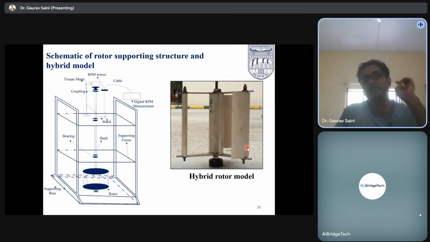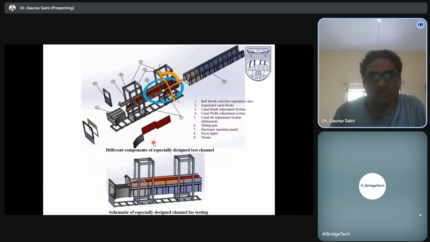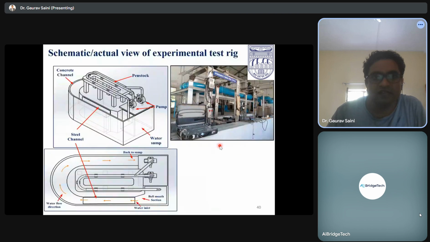So this is the schematic of the hybrid rotor that we have developed in our lab, and this is the kind of structure that we have utilized for the experimental testing. This is the lab that we have utilized. This is our steel structure that we have tested, and here you can check the actual lab and the schematic of it.